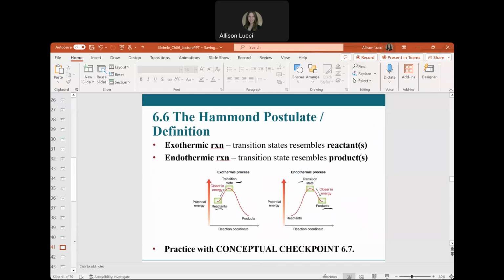So if we looked at our molecule at the transition state, it would more closely resemble our reactants. So that's with an exothermic reaction, right? We see that the transition state resembles reactants. And then on our second energy diagram, we see that in an endothermic reaction, our transition state would be closer in energy to our products, and therefore the transition state of an endothermic reaction would resemble our product.